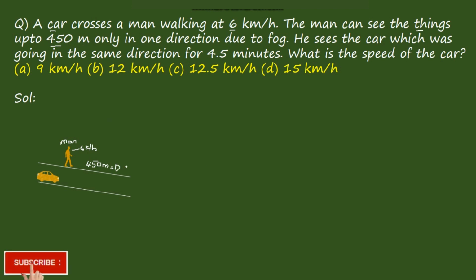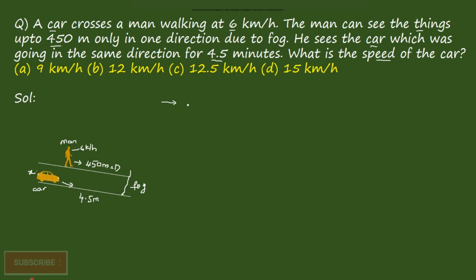Due to the fog, you can see till 450 meters only. He sees the car, which is going in the same direction, for 4.5 minutes. The car and the man are both moving in the same direction. Now they are asking what is the speed of the car. If you consider the speed of the car as x, we have to find the value of x.